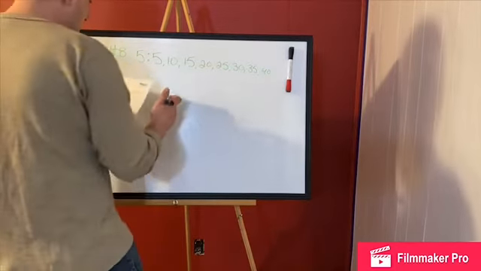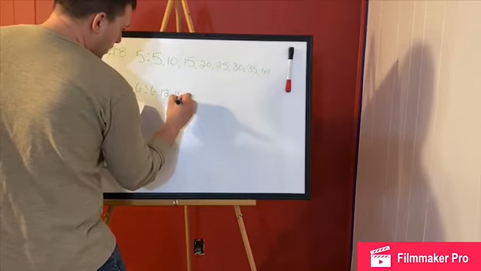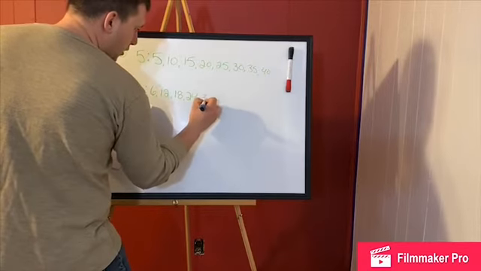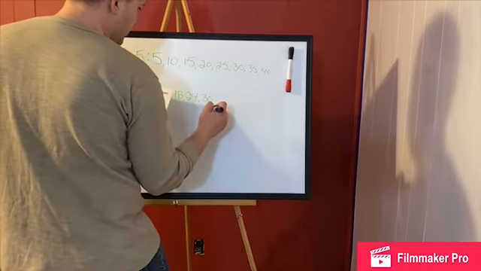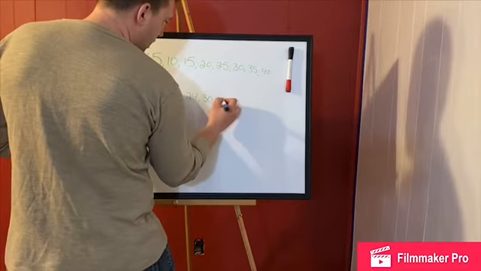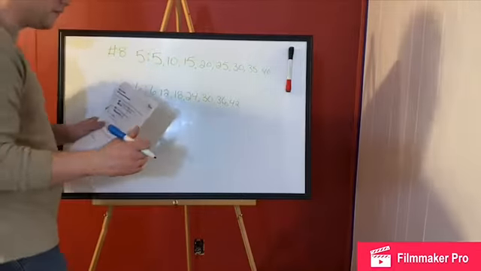So we have 6, 12, 18, 24, 30, let's see here, 36, 42. We'll stop right there, all right?